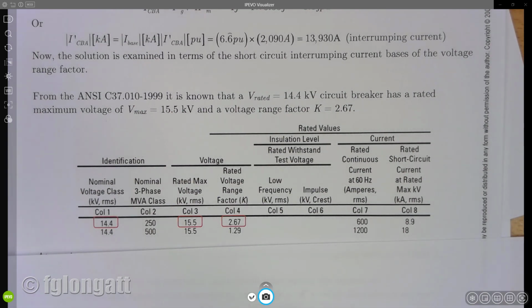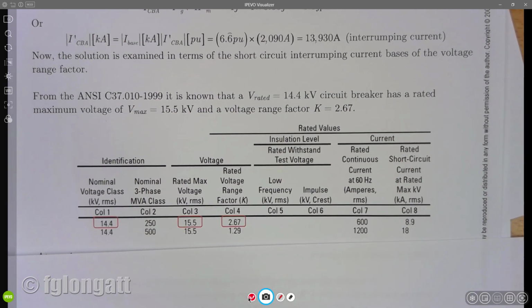I will be using ANSI C37.010. Okay. In this case, it's known that the minimum voltage that I can find for those circuit breakers is 14.4. Okay, if you look here, let me use my pointer.